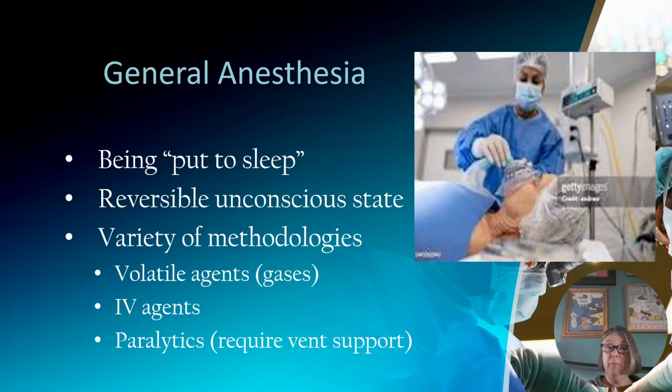It's just going to help maintain your airway, okay? Because if we relax your muscles to the point that they're non-responsive, you won't have the ability to breathe on your own, okay? So we support that airway.